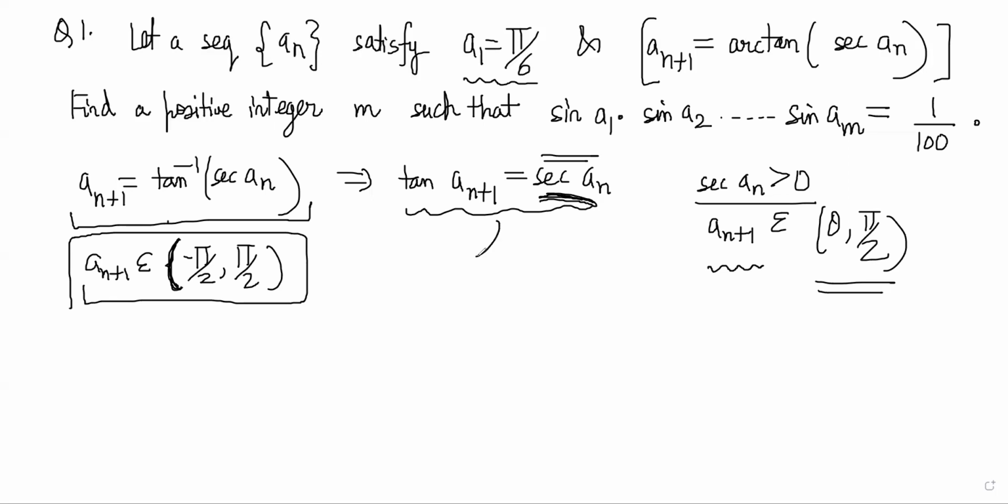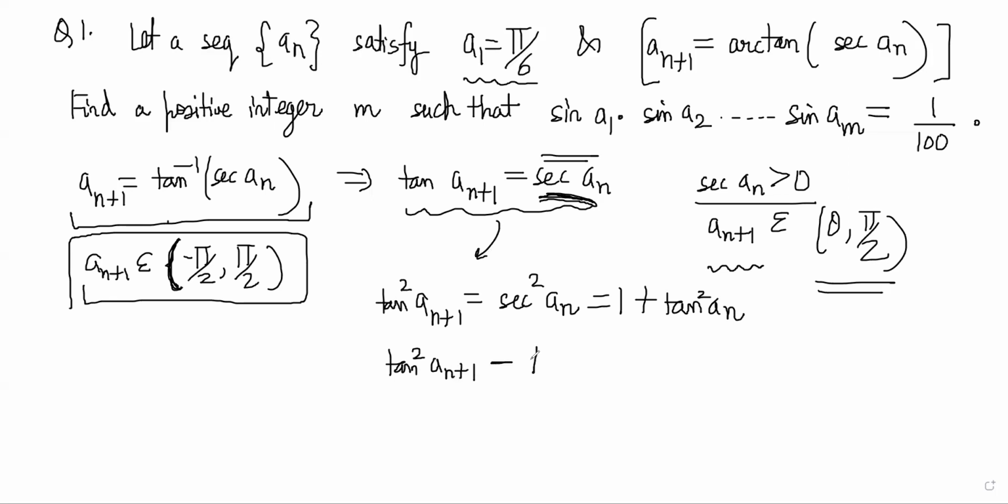Now let's look at the general relationship here, and we can say tan square an plus 1 is equal to sec square an, which is 1 plus tan square an. And from this, what we are getting is that tan square an plus 1 minus tan square an is equal to 1, right? Which has a very nice nature. It is telescoping.